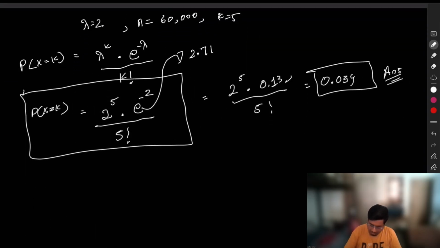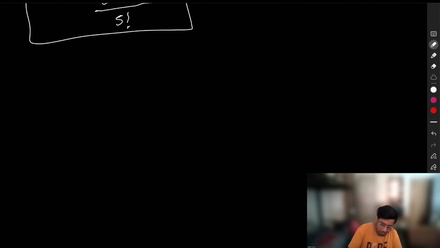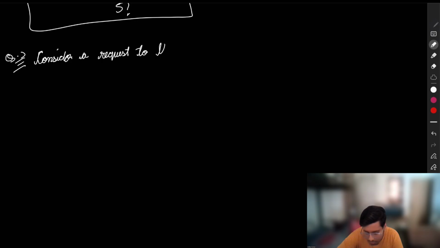Now let's do a sample question of Poisson distribution. I have written the question here. Let me write the question for you. Consider a request to the web server in 1 second.